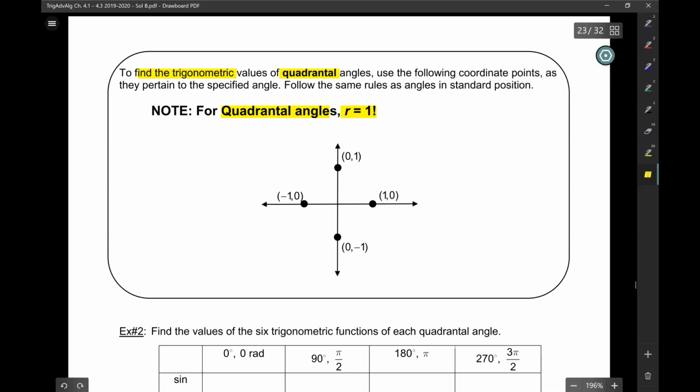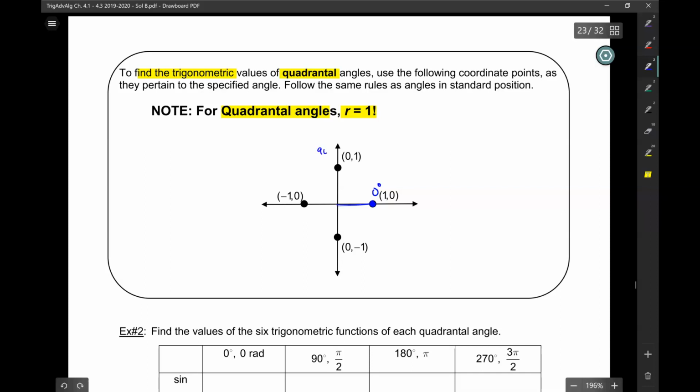And our points are always going to have 1 as their coordinate. Now, what if I wanted to plot something at 0 degrees? Where is 0 degrees? That's right here. For that, I choose this point, and I always choose the coordinates 1, 0. Okay?